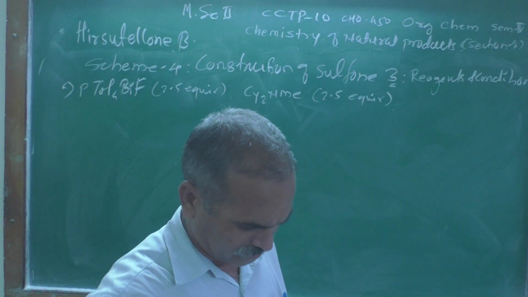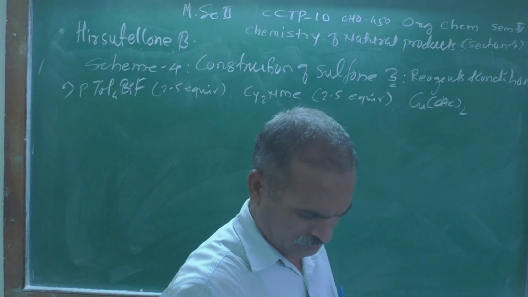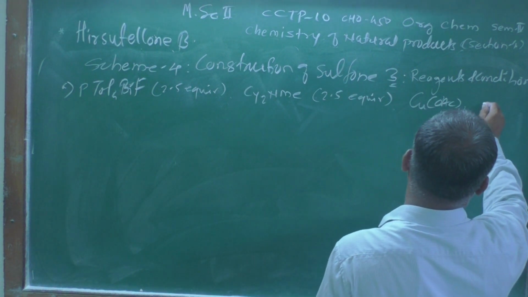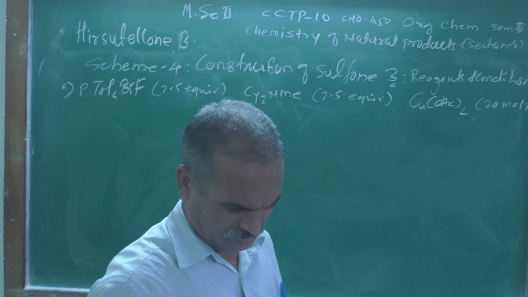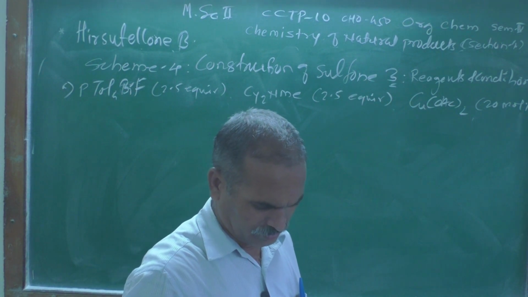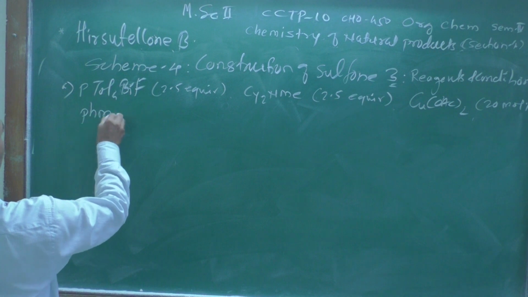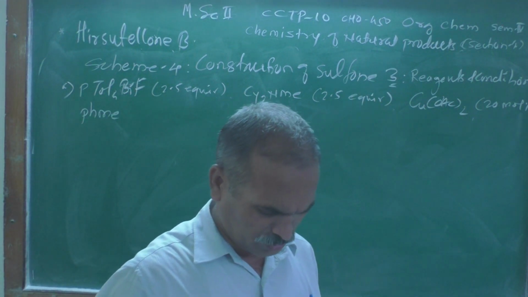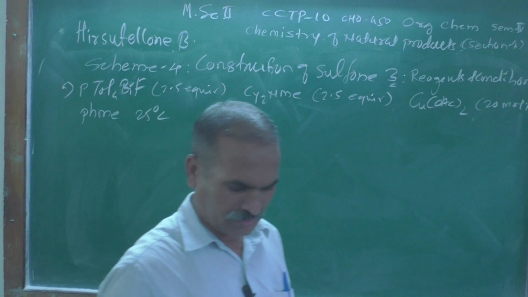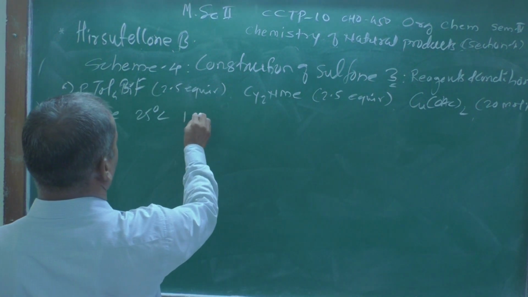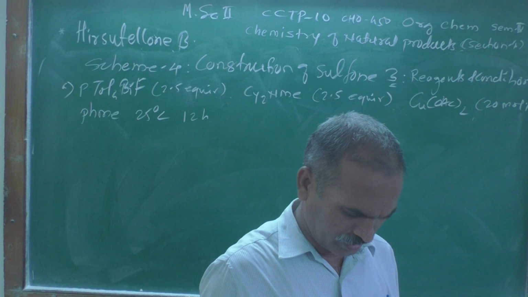Then cuprous acetate, Cu(OAc)2, that is 20 mole percent, and PhMe, that is toluene, is used over here, and the temperature is kept at 25 degrees centigrade, and the reaction is stirred for 12 hours.